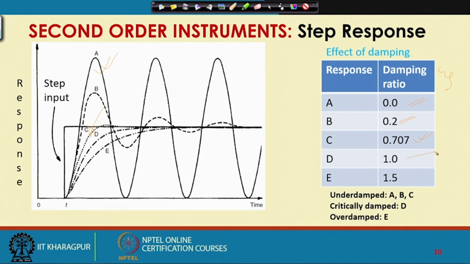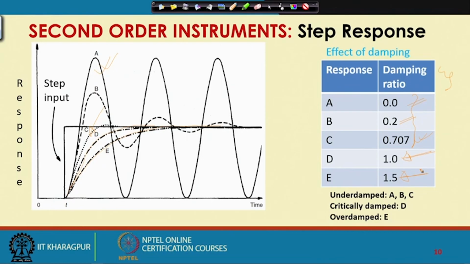This is critically damped. So, this is the response and this is overdamped. So, this even runs below the critically damped curve. So, these three are underdamped response, critically damped response, overdamped response.